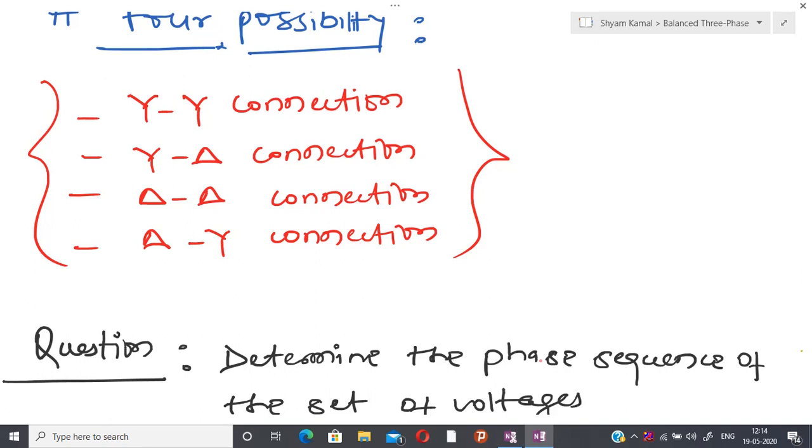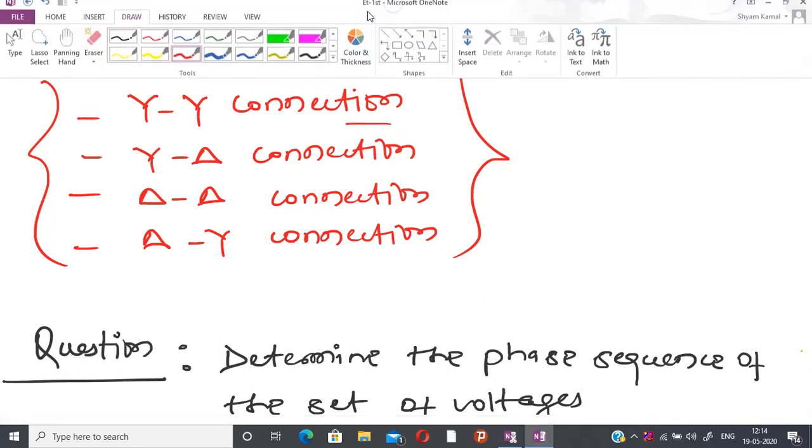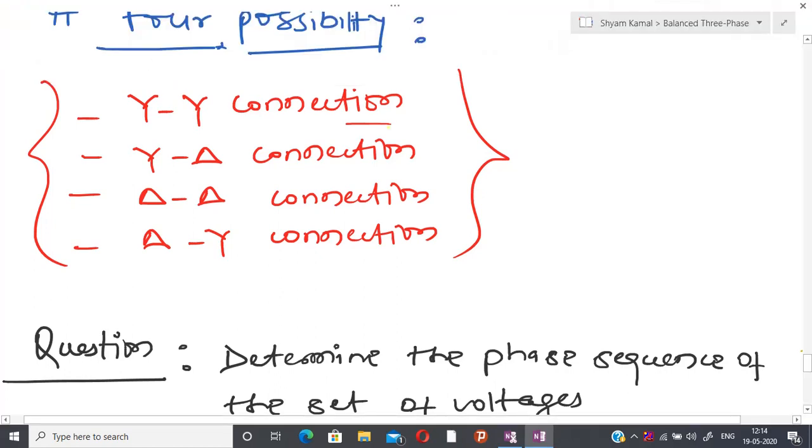So, trying to select the best, this is the optimal possibility. Second one, that I have a Y connected source and delta connected load, and you have already understood the reason.